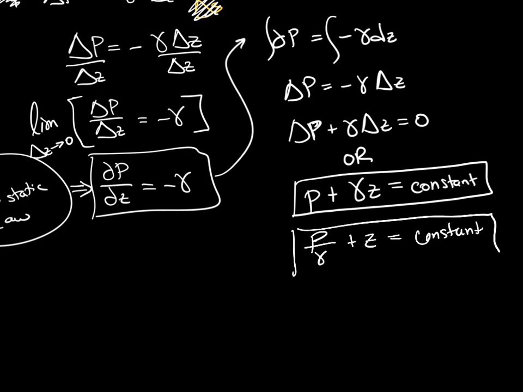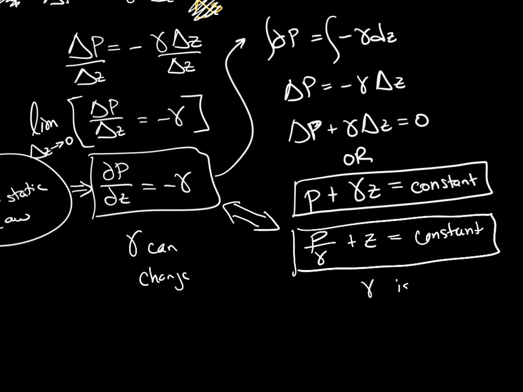Now I want to make a note here. The difference between these two forms is that over here gamma can change, and over here gamma is constant.